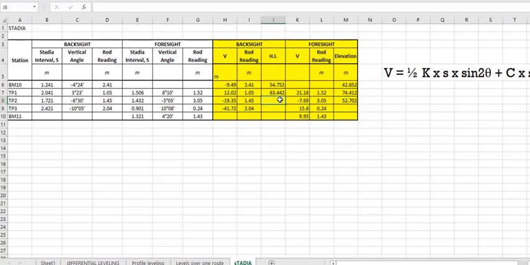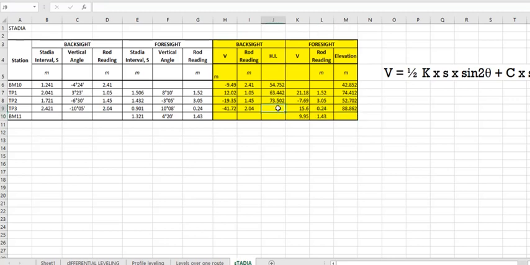Then the HI of TP2, 52.72 plus 19.35 plus 1.45 equals 73.502. Then the elevation of TP3, plus 15.6 minus 0.24, that is 88.862.